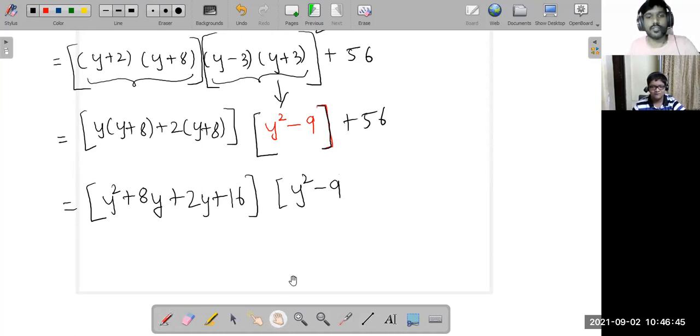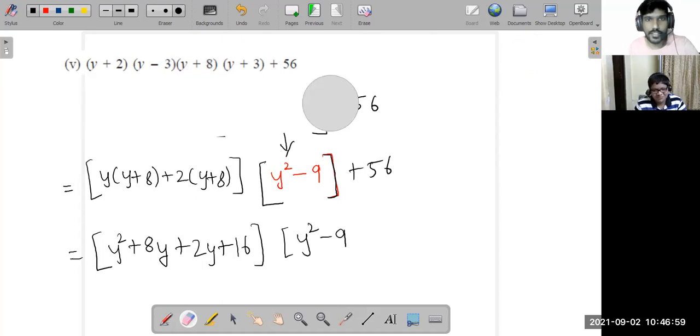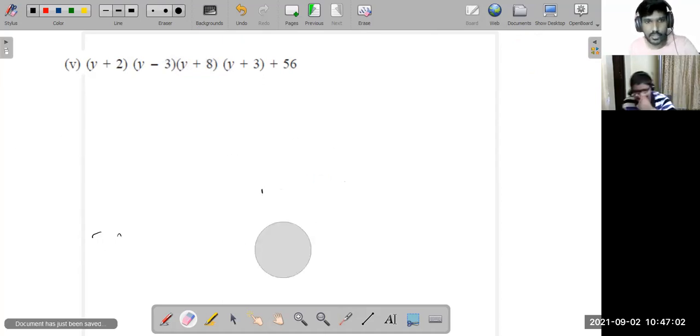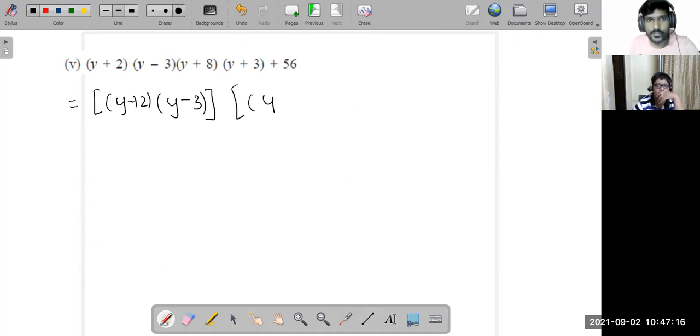Wait. Actually, this is making our work lengthy. One minute. Another easy way is there. We'll do that one. What we'll do is we'll do bracket to bracket multiplication as it is. I'll not rearrange anything. These two brackets multiply first, and these two brackets will multiply first.